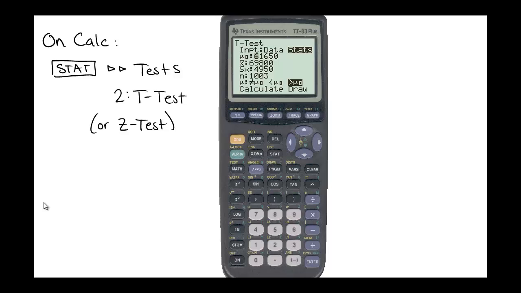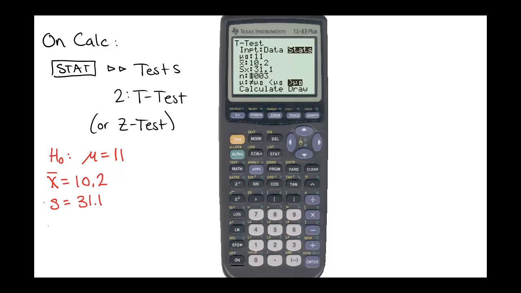Again, this mu0 is coming from our null hypothesis. Since our H0 was mu equals 11, here we're going to put in mu0 as 11. Then x bar from our information was 10.2, and our sample standard deviation was 31.1.